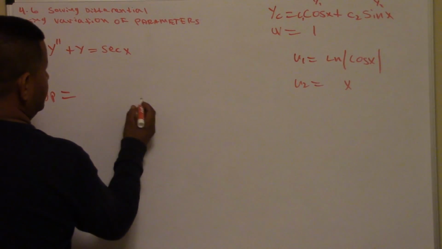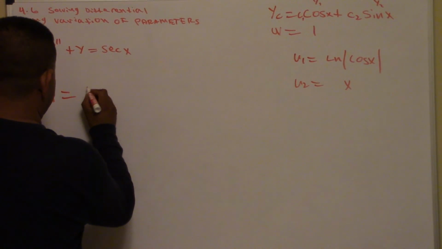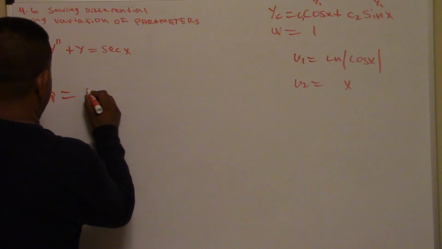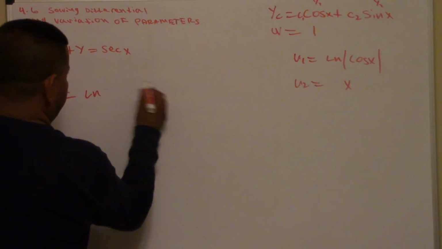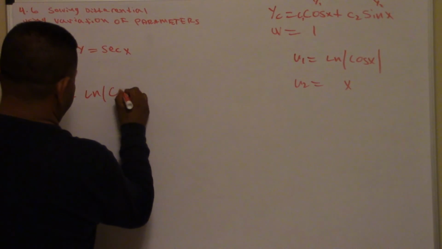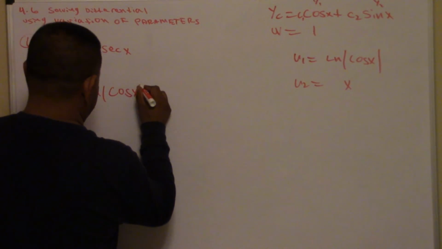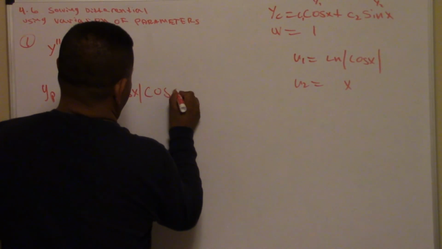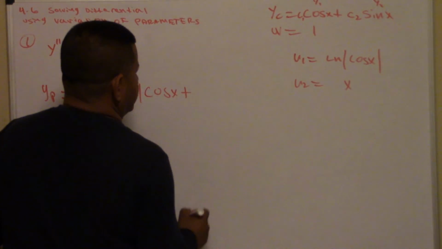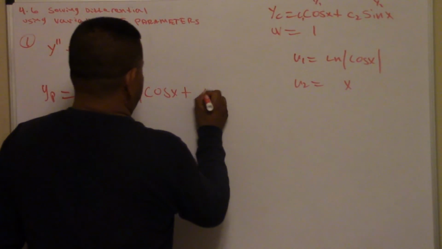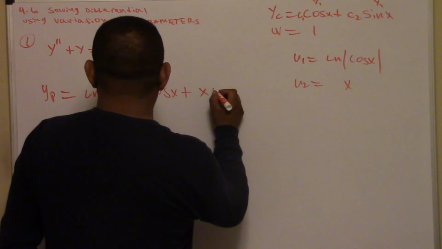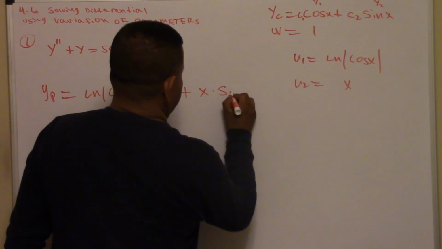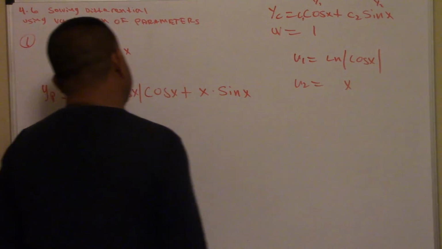So I'm going to have ln, right? Absolute value of cosine x times cosine x plus x times sine x, right?